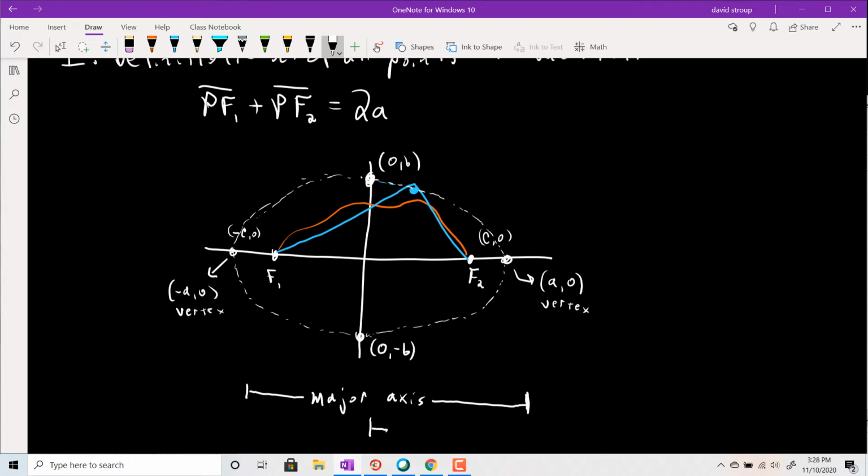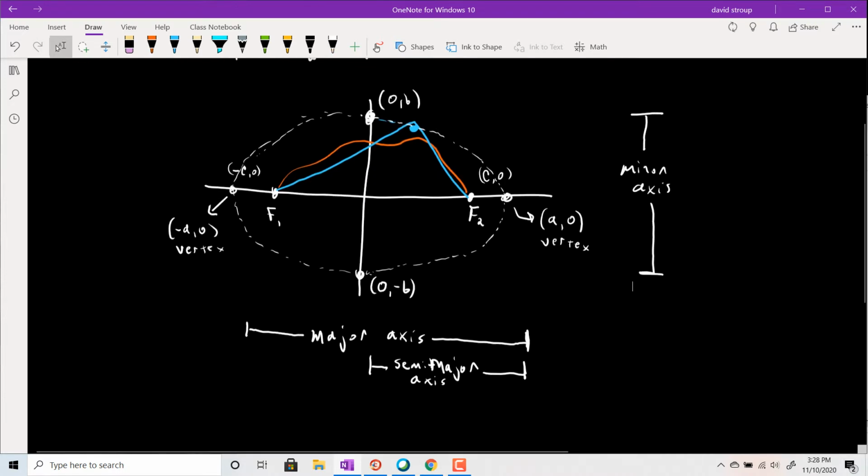Sometimes if you're an astronomer, you may see the term semi-major axis for half of it. And then the minor axis is just the shorter one. So here we have the minor axis. And of course you could have the semi-minor axis as well.